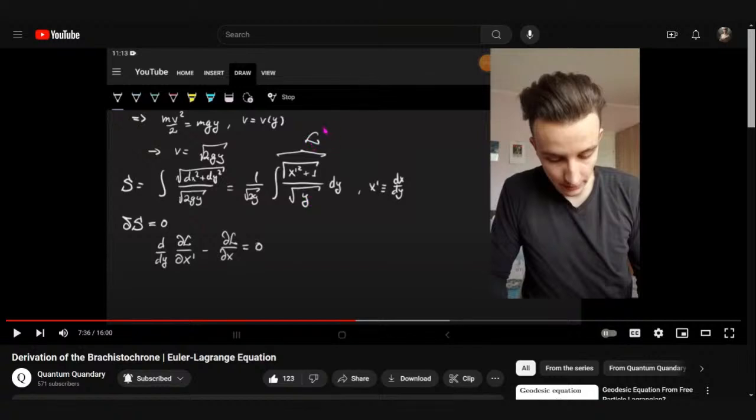So we can imagine there's just an x and a y and an L. So we can imagine a three-dimensional terrain where the x and the y make up a plane, and the Lagrangian is the mountain. But x prime, oh, we're saying that x is a function of y.